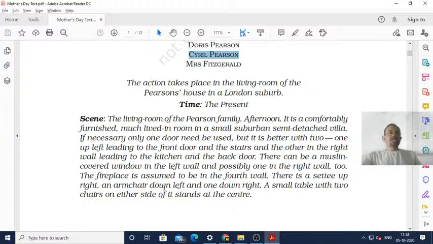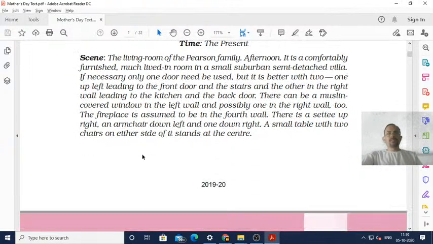There can be a muslin covered window in the left wall and possibly one in the right wall too. The fireplace is assumed to be in the fourth wall. There is a settee up right, an armchair down. The setting of the particular room where this scene will take place has been given.